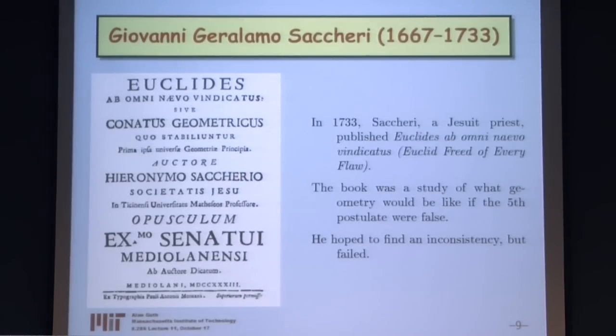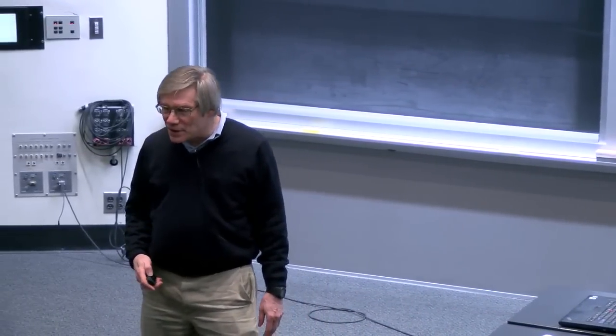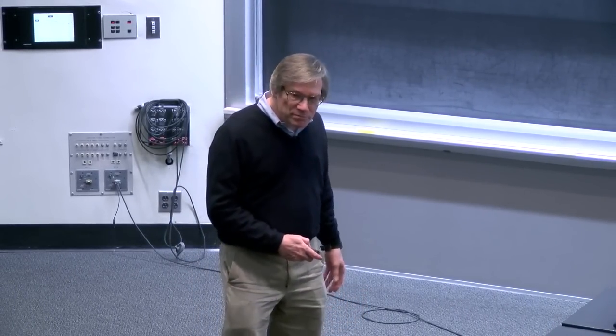The fifth postulate was questioned in a serious way by Giovanni Girolamo Saccheri in the 1700s, who wrote a detailed study of what geometry would be like if the fifth postulate were false. He wrote this believing that the fifth postulate must be true, and he was looking for a contradiction, which he never found.